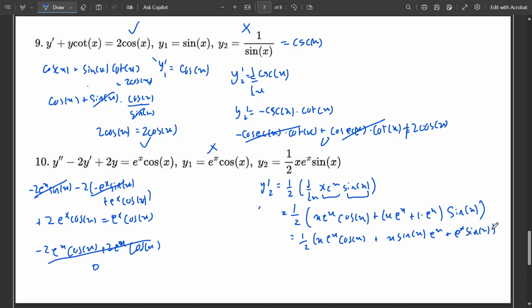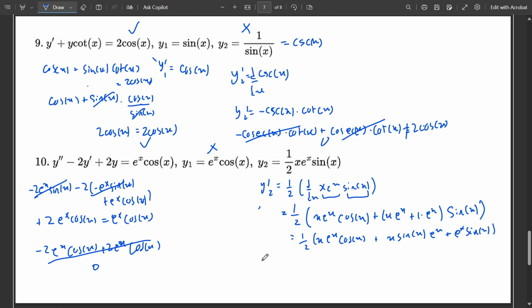Is there a term we can combine? I think there's none, so I have to check if this product rule is correct. We have x e to the x times the derivative of sine x, and the derivative of this one times our sine x. Okay, so it's correct.